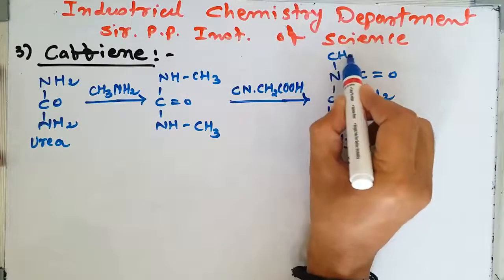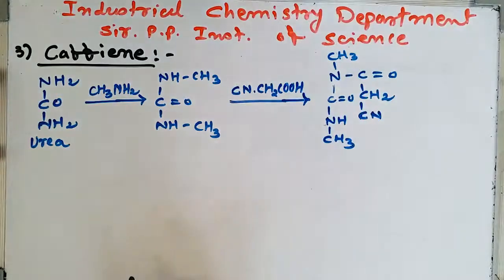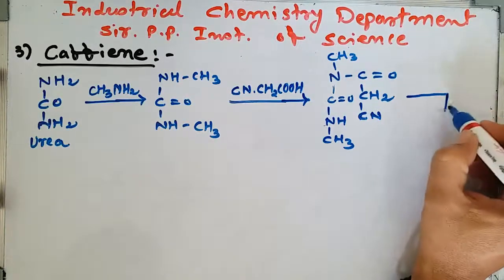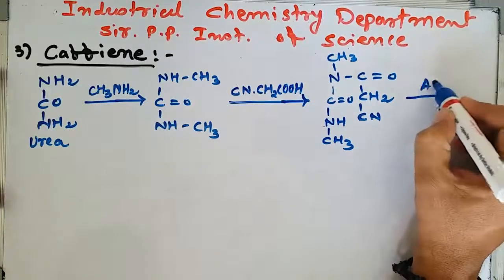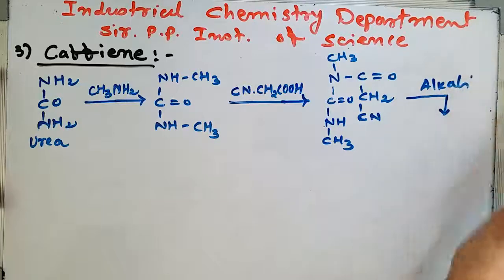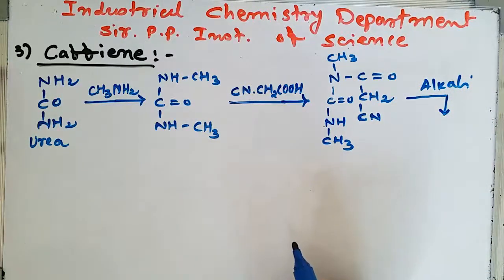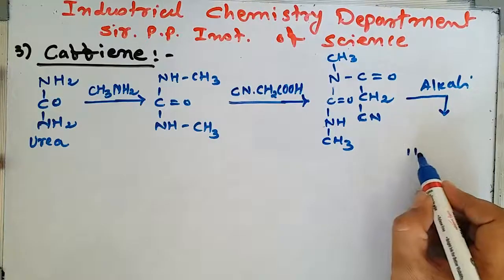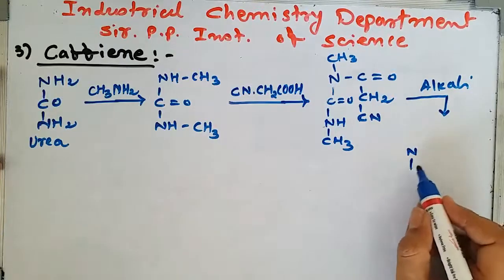Now this compound is treated with alkali. So cyclization takes place and we get a pyridine base derivative.